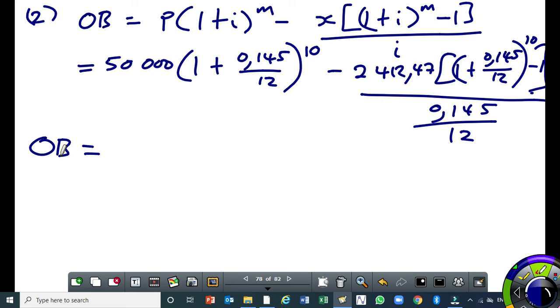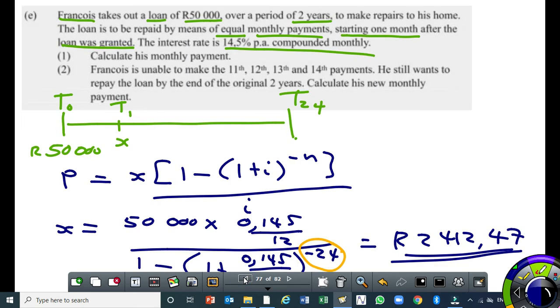I want you to pay attention carefully. The question says, can I have your attention? Stop talking. This person was supposed to pay off the loan within 24 months. But within those 24 months, he was able to make the first payment, second, third, fourth, up to the 10th payment.